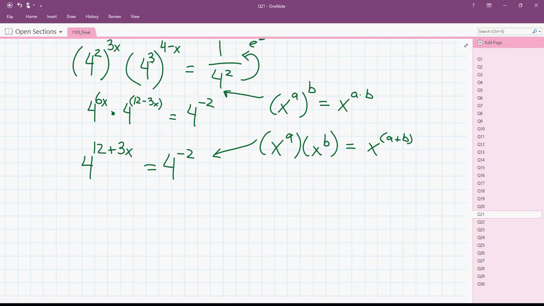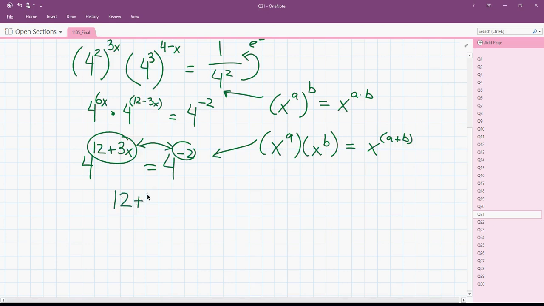Since they're both the same bases, these two things have to equal each other as well. So then we can just write that 12 plus 3x should equal negative 2. And I'm going to move the 12 to the other side, so I'm going to be left with 3x is equal to 10, which tells me that x has to equal 10 over 3.